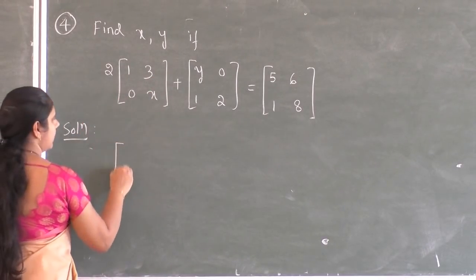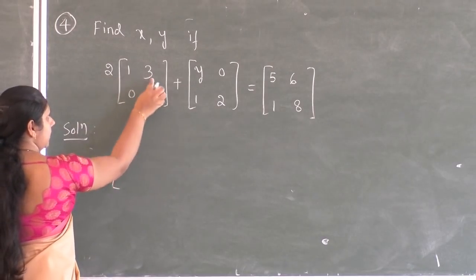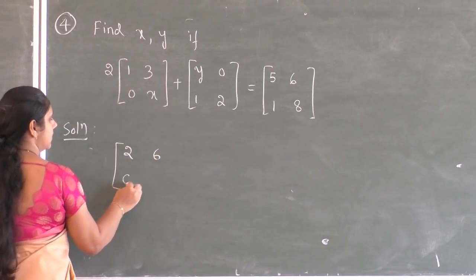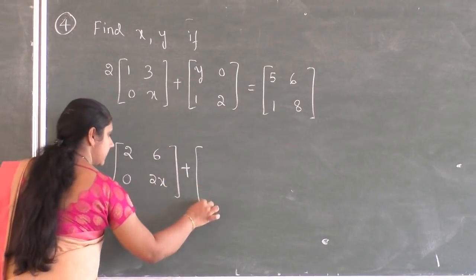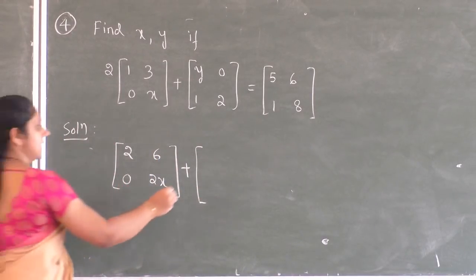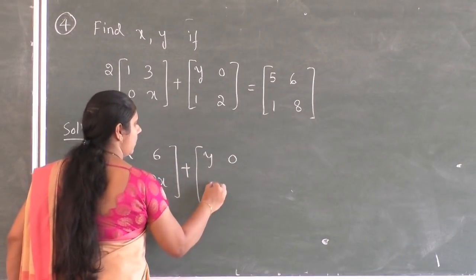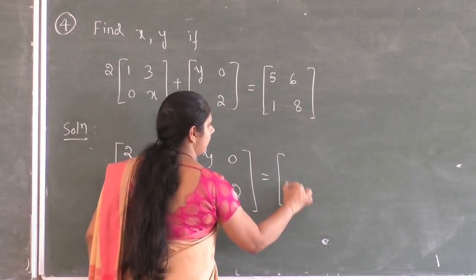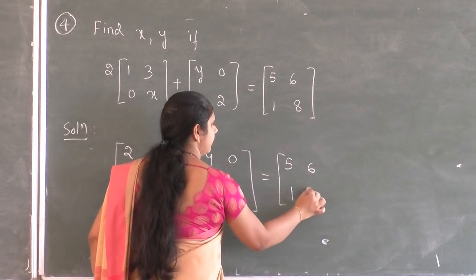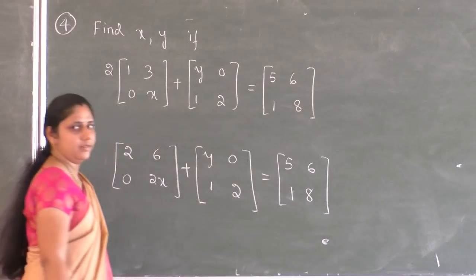So the matrix will be 2 into [3, 6, 0, 2x] plus the second matrix as it is, [y, 0, 1, 2], is equal to [5, 6, 1, 8].